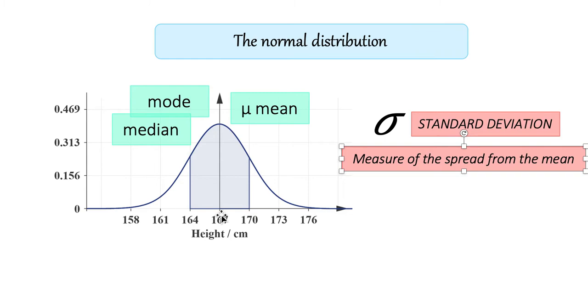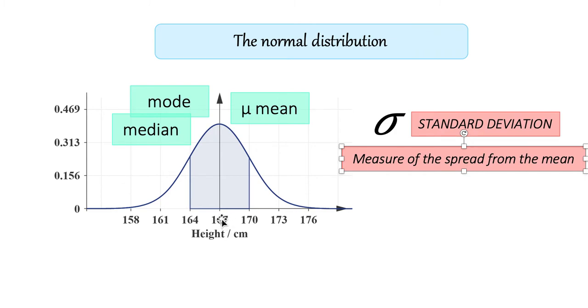If I tell you that the standard deviation is quite low, it means that people are close to the mean, which means that the spread is really low. So people on average have quite a similar height, which would be here 1 meter 67.